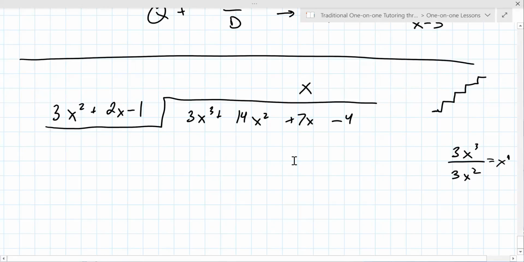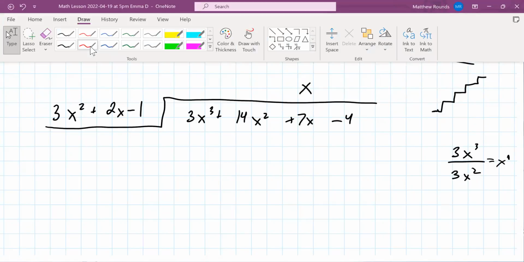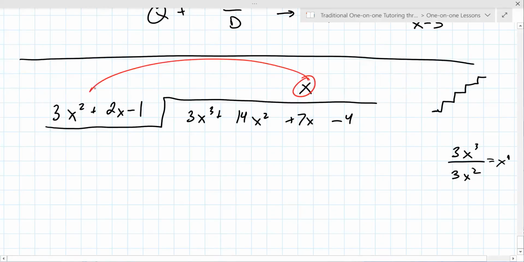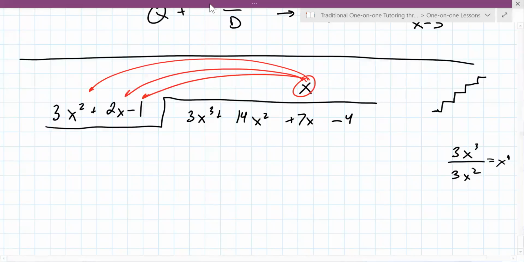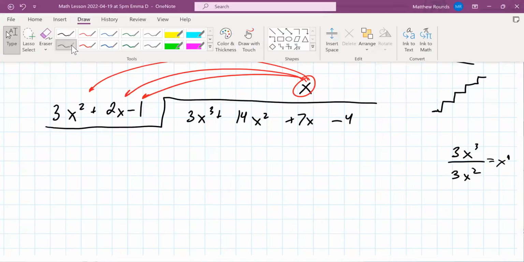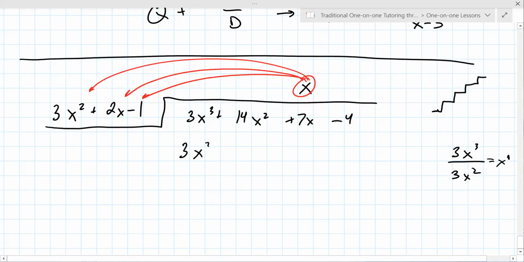You know how to do this from long division. It's just that you probably hadn't thought about it this way when you did long division. Yeah, it's been a while. So again, you multiply this all by x: 3x cubed plus 2x squared minus x. Notice you have 3 terms this time.